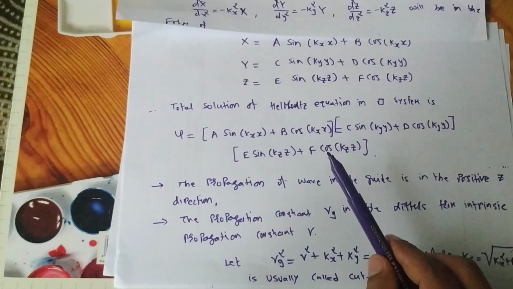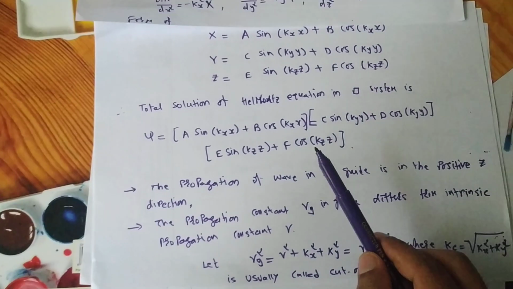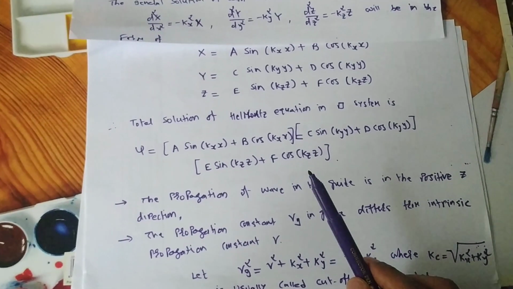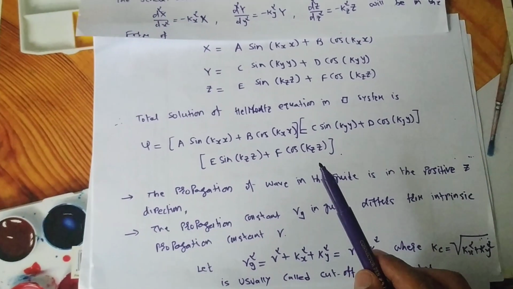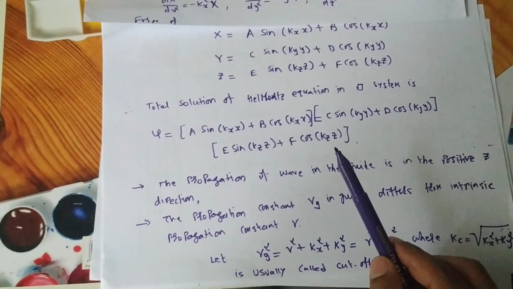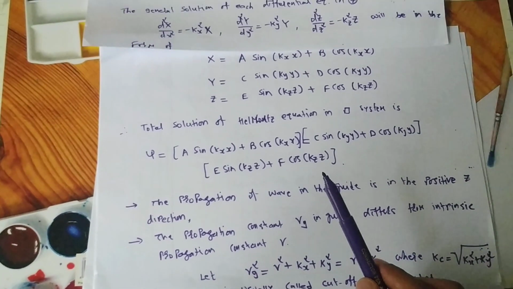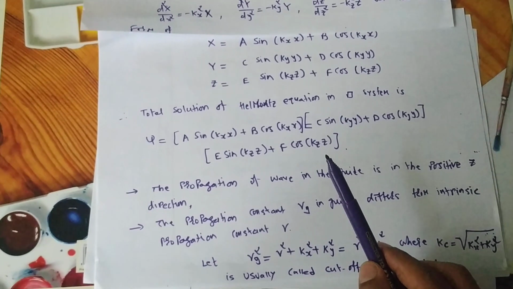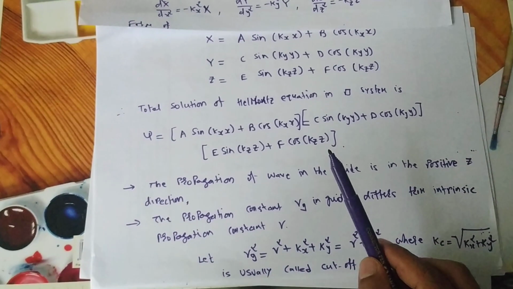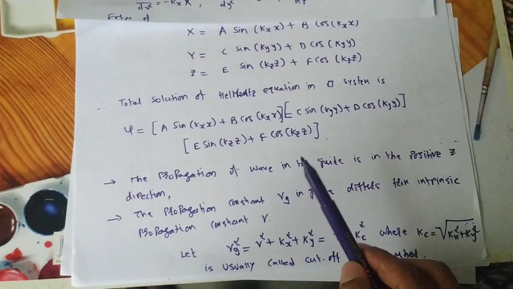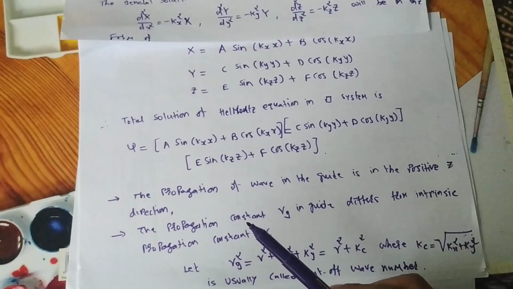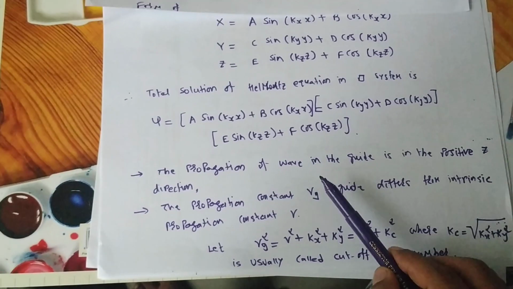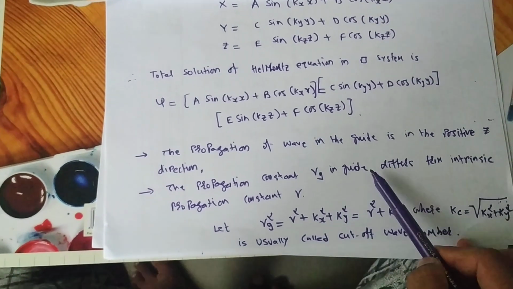Now let us discuss the basic question of when a wave propagates in a rectangular waveguide. For that condition, first of all we have to define a new term, the propagation constant gamma g in the guide.